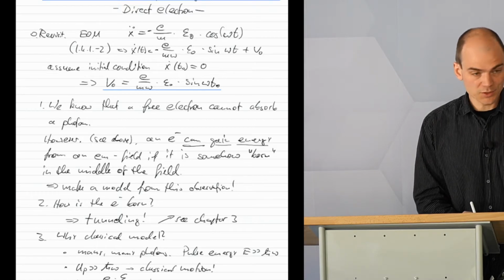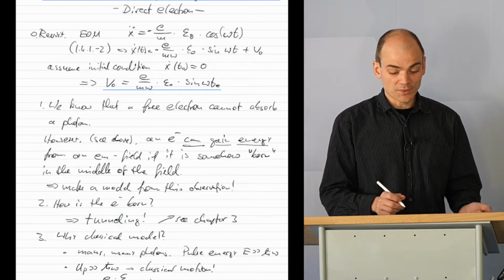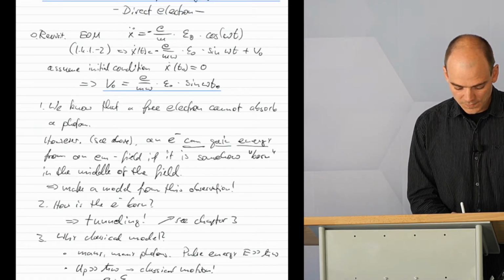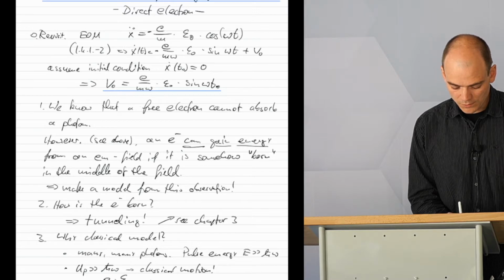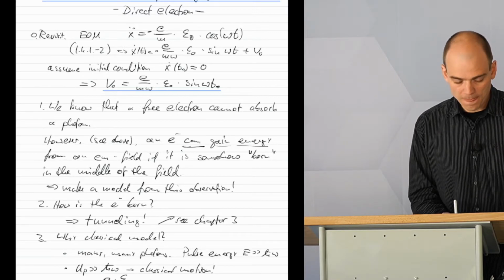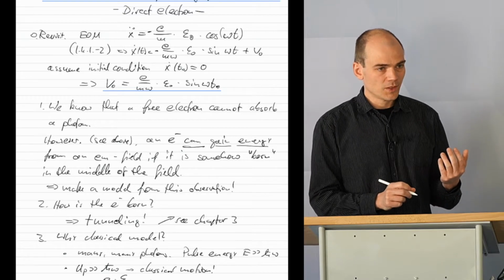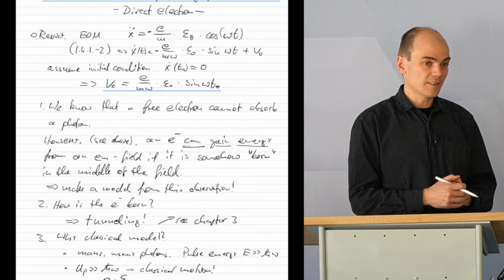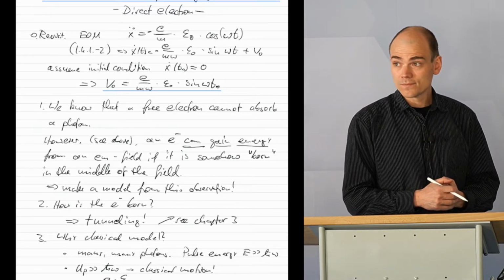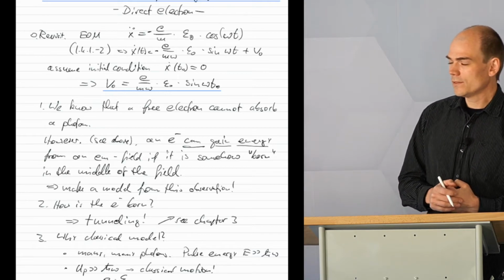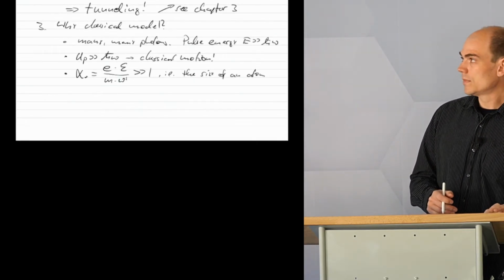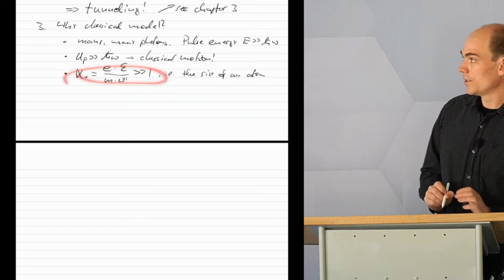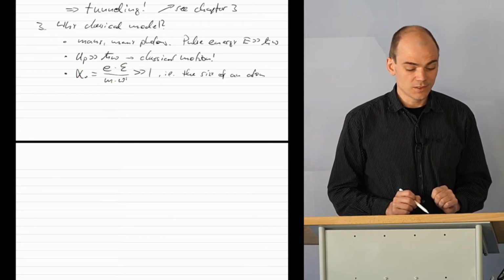This is much larger than 1, so larger than the size of an atom. So there's some justification that we can treat the electron as a classical particle. The excursion amplitude is larger than the size of an atom.